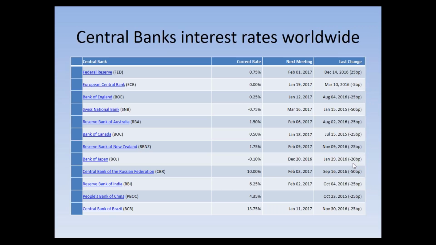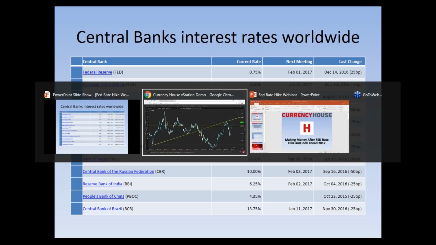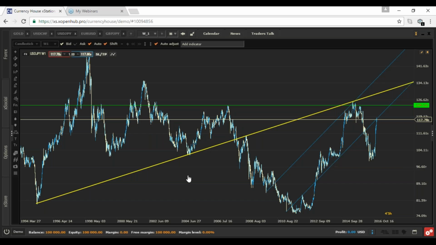So that is a huge driver. We observe huge speculative flows coming from the Japanese currency into other currencies. And as you can see from this table, one of the most attractive currencies is the US dollar.